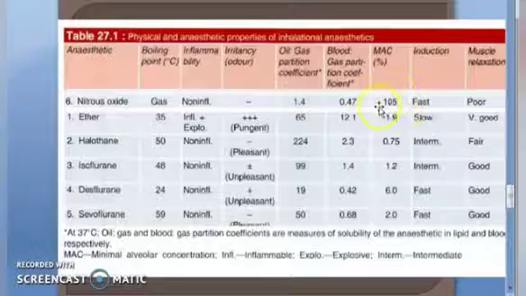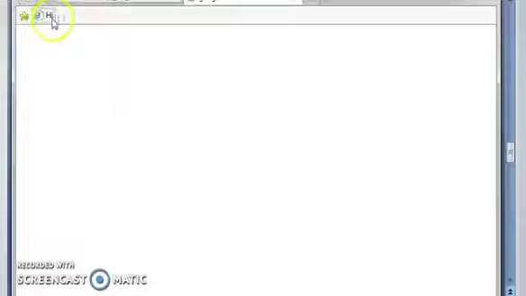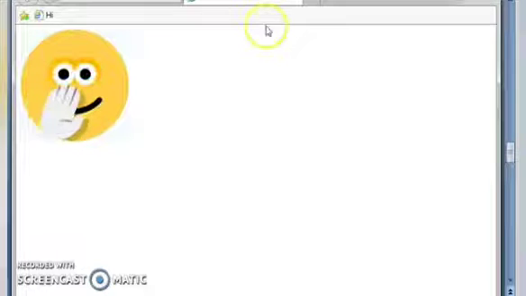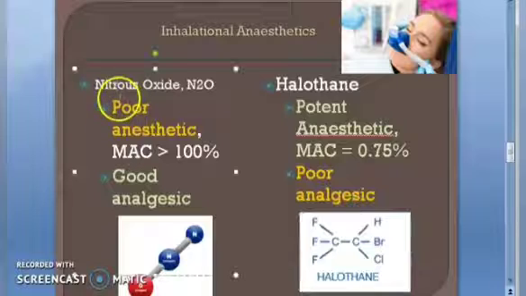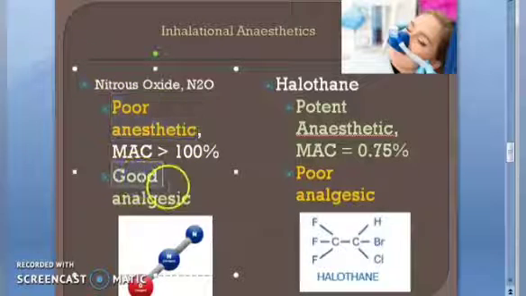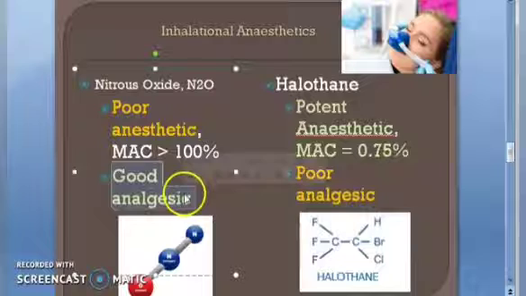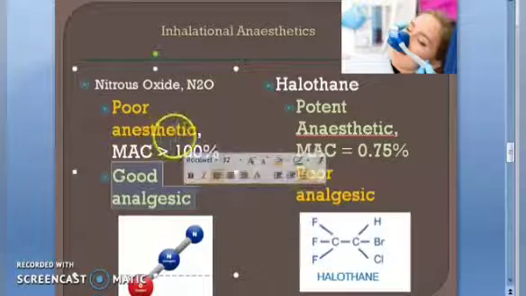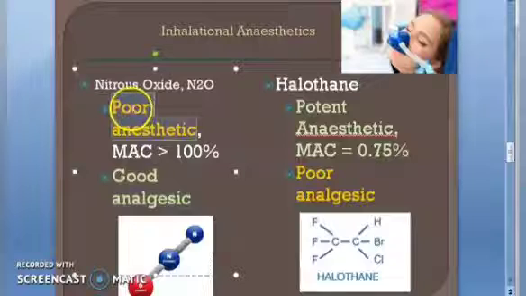Nitrous oxide you need a lot. You understood, guys? Nitrous oxide is a poor anesthetic, but it is a good analgesic. So if there is, like, a child labor, the person doesn't have to be unconscious.